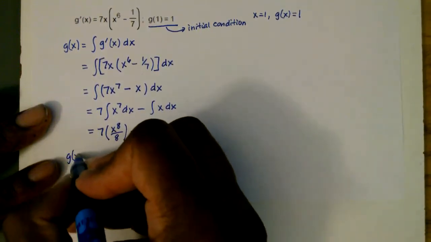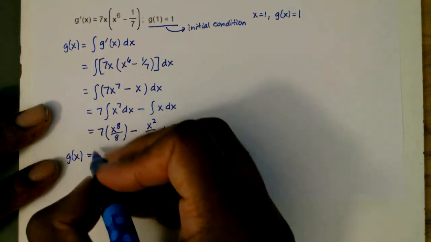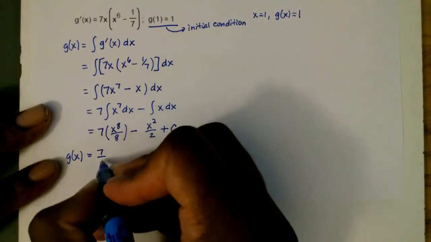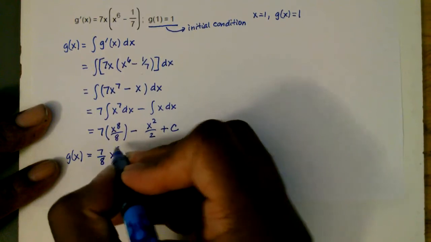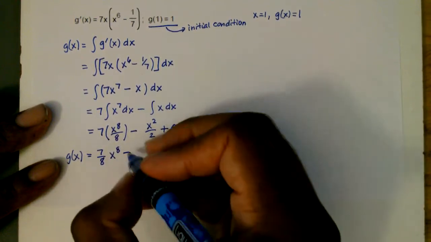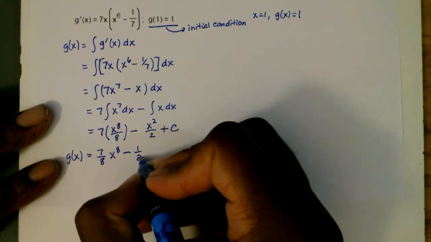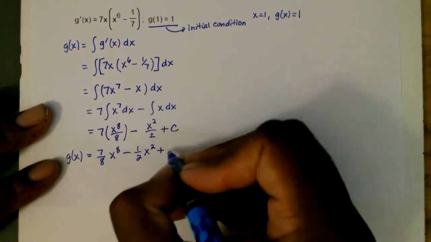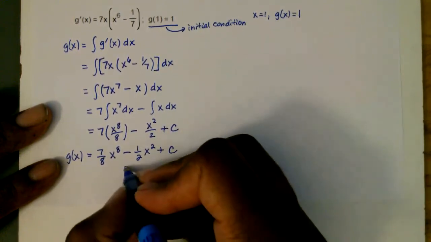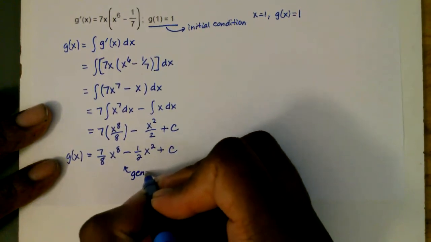So that means g of x would be equal to 7/8 x to the 8 minus 1/2 x squared plus c. This right here is the general solution.